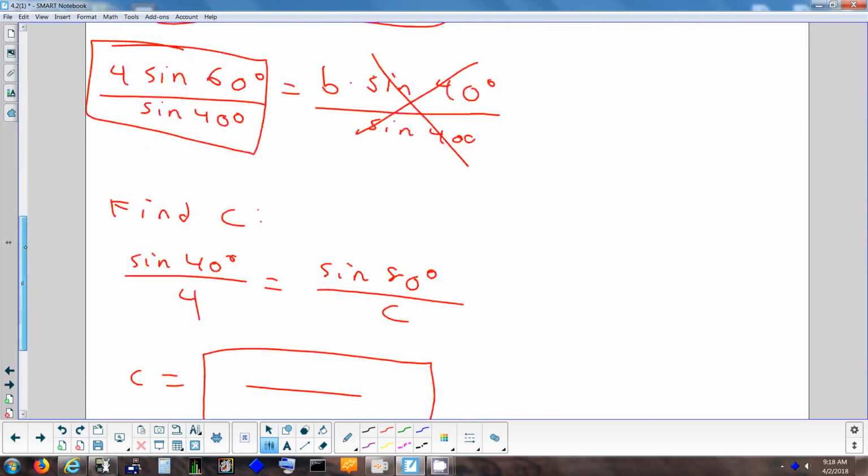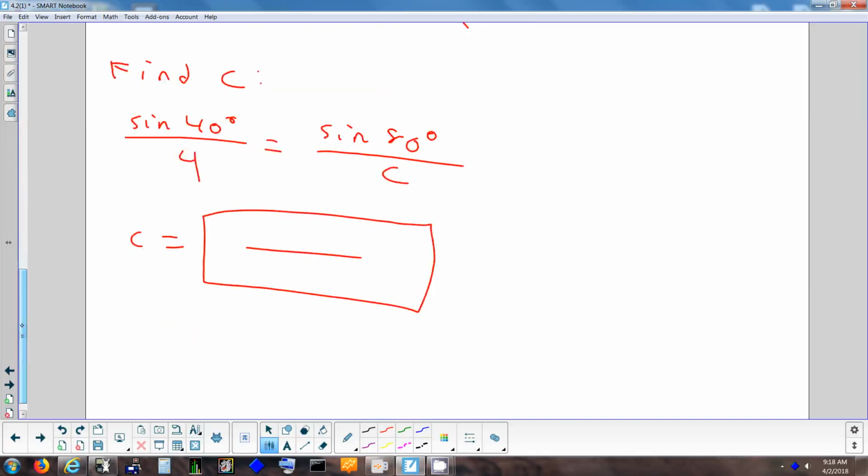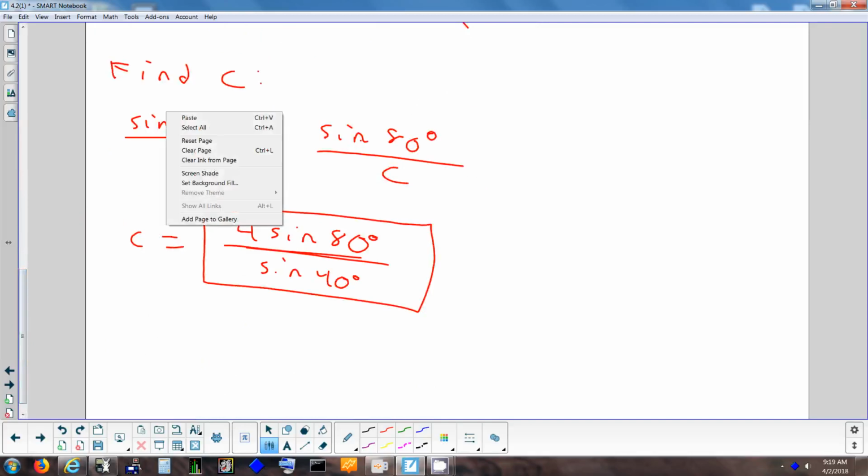If you want to do the step in the middle like I did last time, that's fine too. But the final answer would be 4 times sine 80 divided by sine 40. You would have to divide by sine 40 because it would be C times sine 40. You don't want C times something. You want to get C by itself, and division would move it to the other side. And that's C.